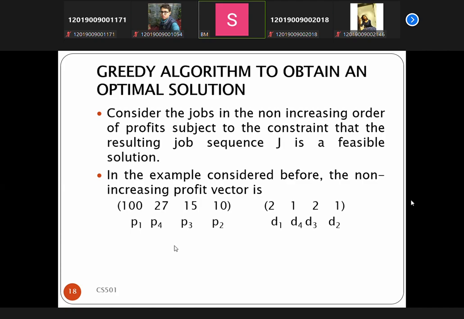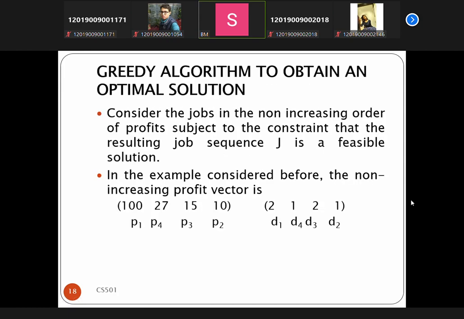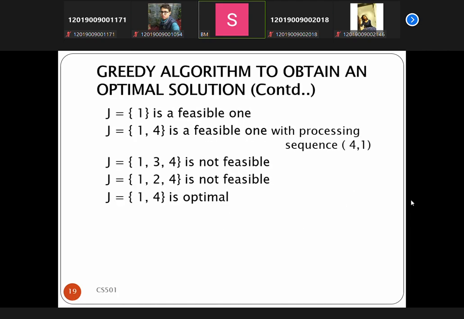For job 1, the deadline is 2 units of time and the profit is 100. Similarly for P4, the profit is 27 and the deadline is 1 unit. So which should I take? That is my entire procedure.